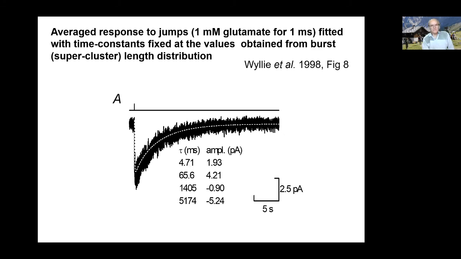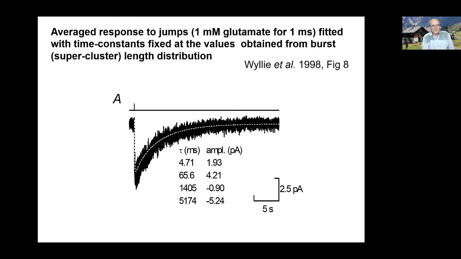activation length distributions, the next fastest ones are 4.7 milliseconds and 66 milliseconds, and these now appear with the opposite sign because these now define the rising phase of this current, but they still fit.